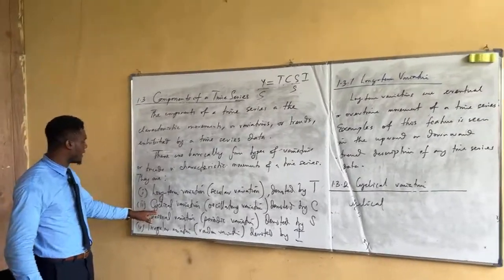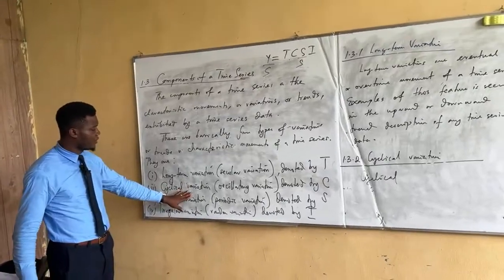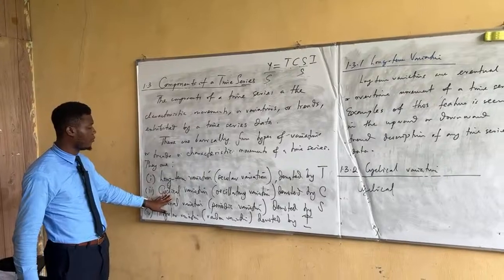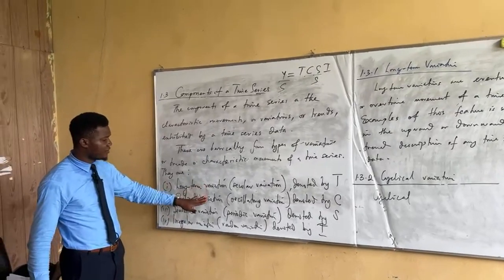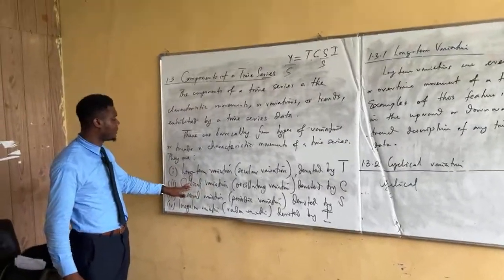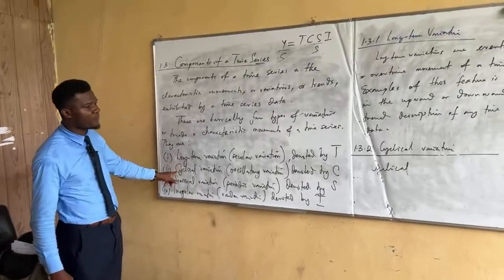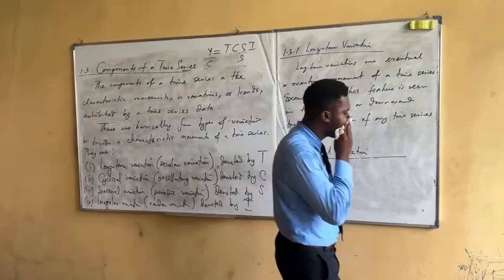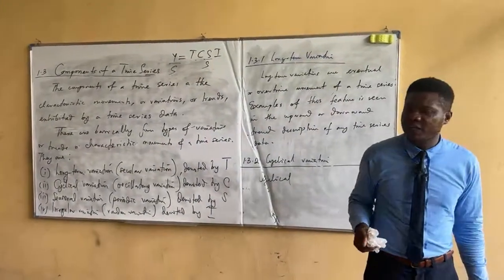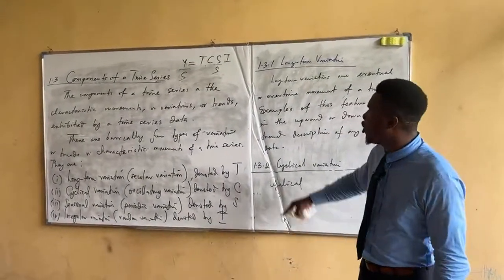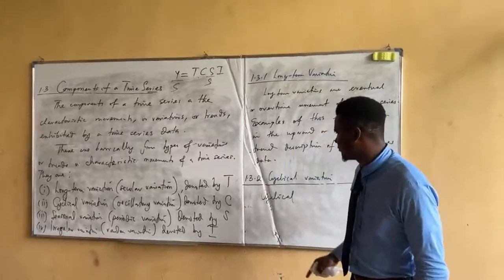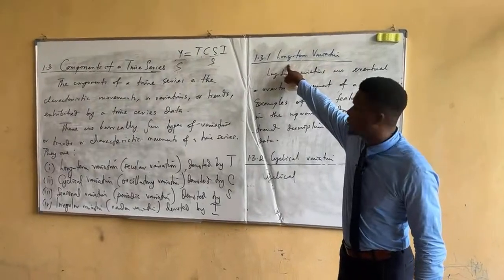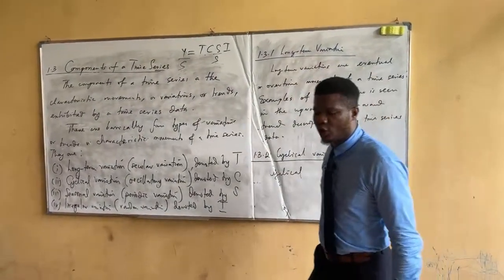Rather, put it this way, cyclical variation or oscillatory variation are time series components that explain how observations of a time series oscillate about the long-term variation, or the long-term trend.